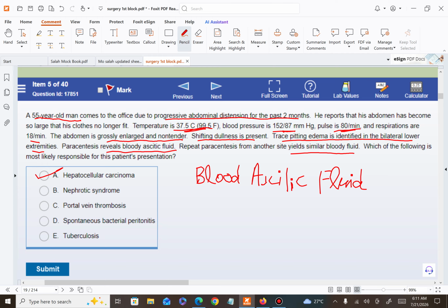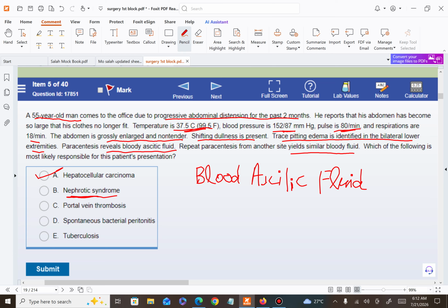The other option, nephrotic syndrome, is not correct because it causes ascites, but the ascitic fluid is straw colored, yellow, and there will be diffuse anasarca.